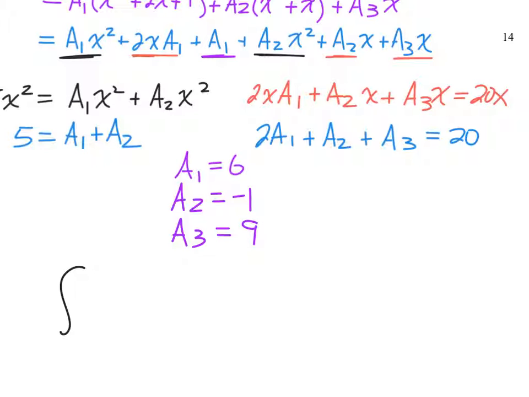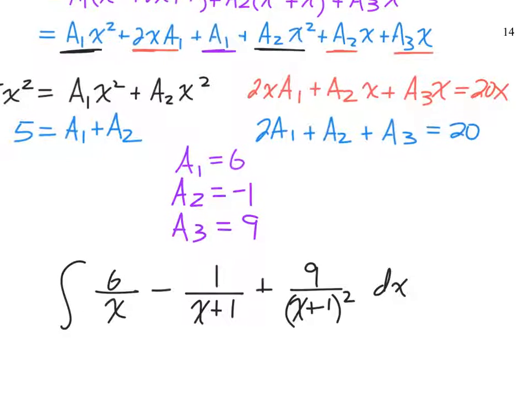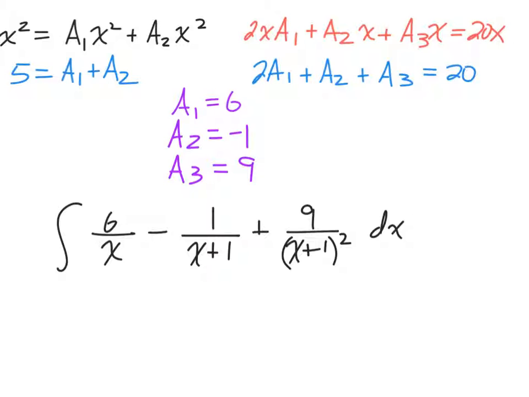So I'm looking at a new integral of 6 over x minus 1 over x plus 1 it was, plus 9 over x plus 1 squared dx. Much, much simpler than what you started with. All right. The first two, very easy.